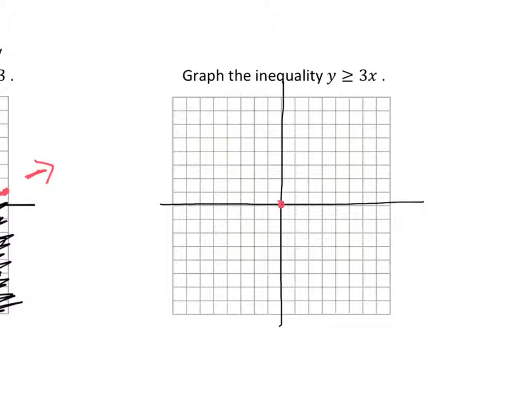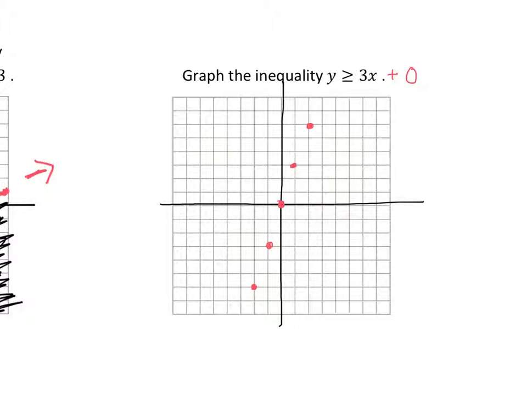Remember that your intercept comes from what's hanging out the end? It's kind of a funny way to say it, but it is. And there's nothing, so it's 0. Now what is our slope? 3 over 1. So up 3 over 1. Down 3, left 1.